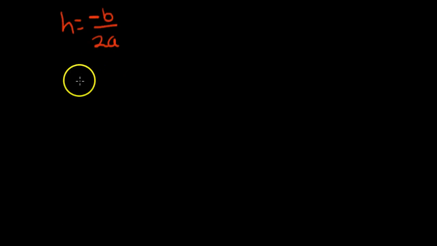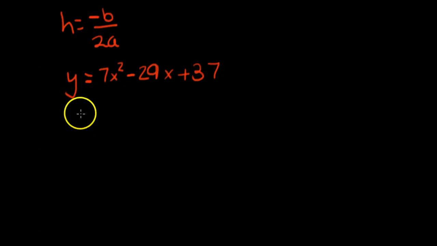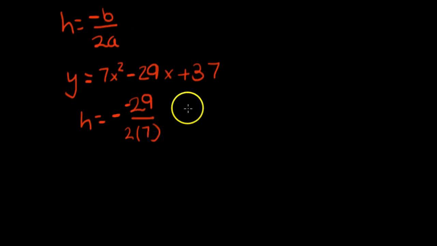So let's now use this shortcut to find the vertex of the equation y equals 7x squared minus 29x plus 37. To find the x-coordinate of the vertex, h equals negative b, which is negative 29, over 2a, which is 2 times 7. So this is going to equal about 2.07.